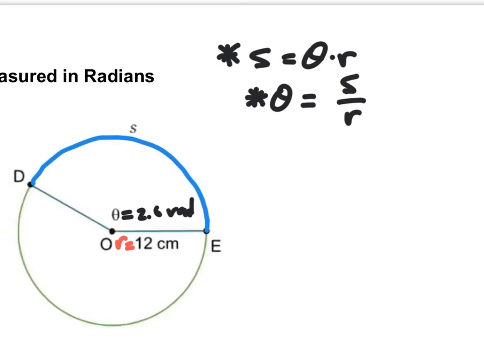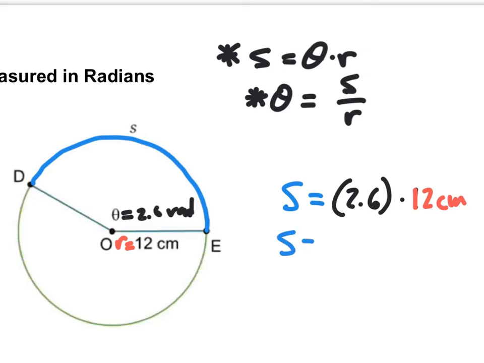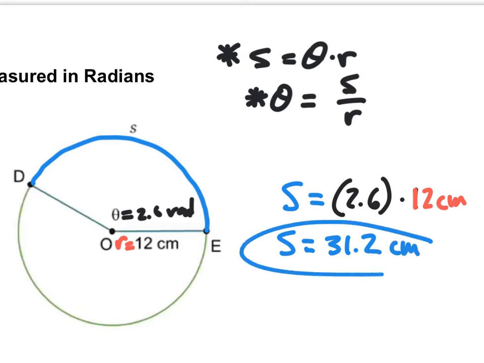My arc length s is equal to theta, which is 2.6 radians, multiplied by my radius, which is 12 centimeters. Taking 12 and multiplying it by 2.6 gives me 31.2 centimeters. That's the arc length along that circle.